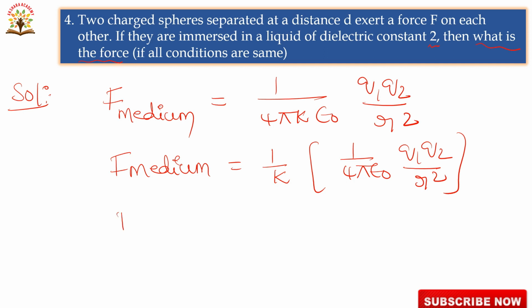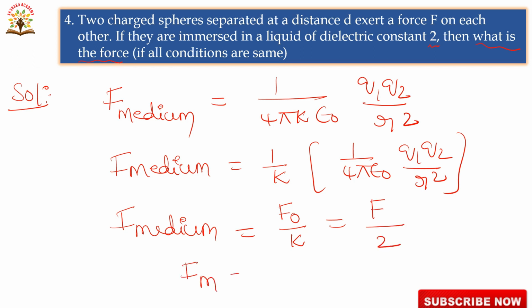So F medium is equal to 1 by k, this complete F naught by k. So that is equal to, the given dielectric constant as 2. So F medium is equal to F by 2.